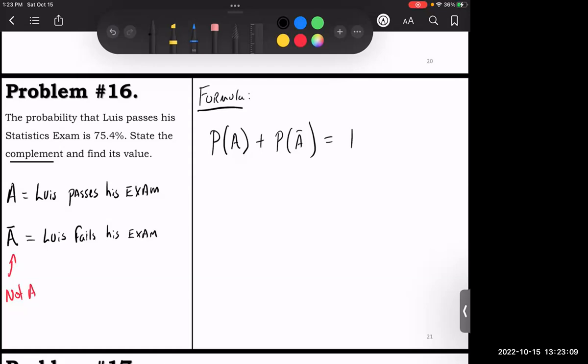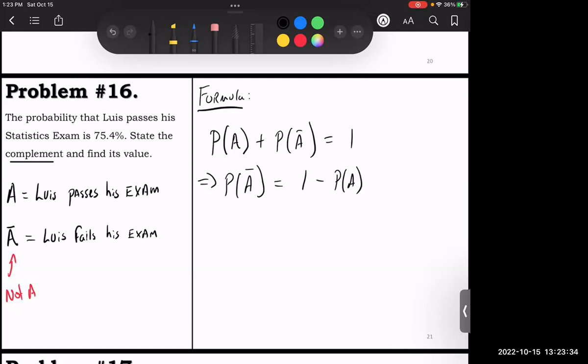So that's why, Alexandra, when you were saying 1, you're not wrong. Because when you take the probability of A and add it to the probability of A bar, or the complement of A, those two probabilities are 1. But because we want to find the probability of A bar, I just got to subtract the probability of A from 1.